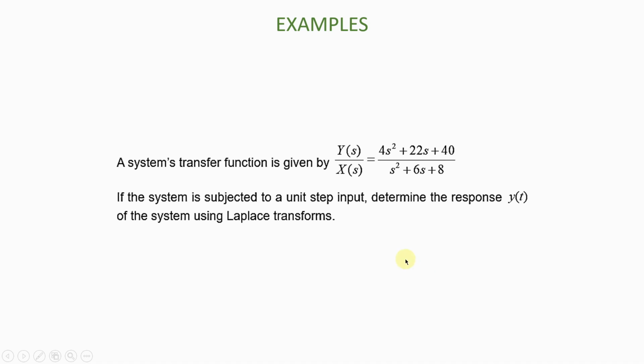In this case, you are told that you have a unit step input, which means that xt is equal to 1, because the input is with x and the output is with y. That's how you need to understand it. That is why they say you need to determine the response yt, because yt is how the system will respond to an input xt.